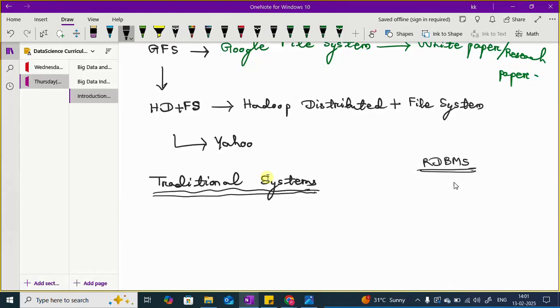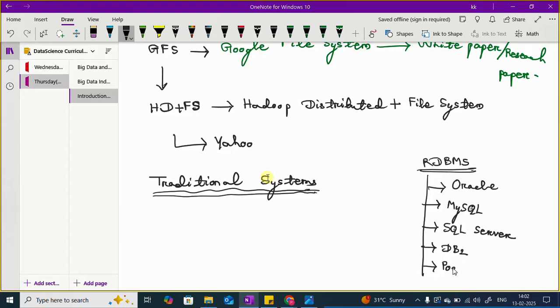It may be Oracle, it may be MySQL, it may be SQL Server, it may be DB2, it may be PostgreSQL.